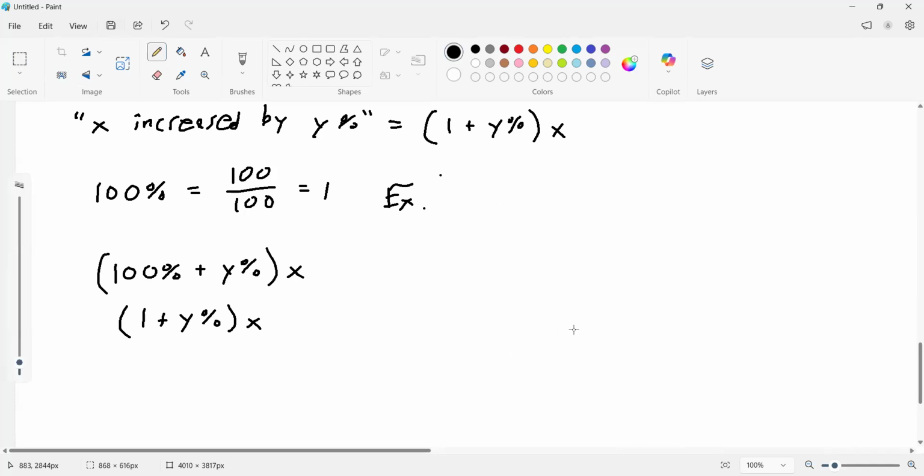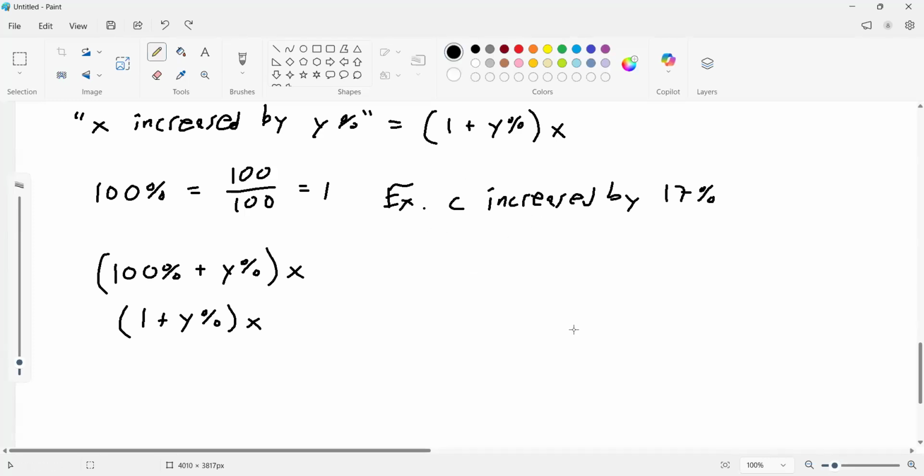Another example is, say I have some value C for the number of cats, okay? And the number of cats increased by 17%, okay? I keep using that number. The number of cats increased by 17%. Okay, what does that really mean?